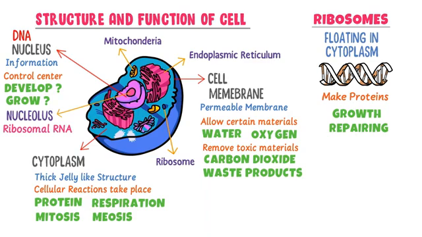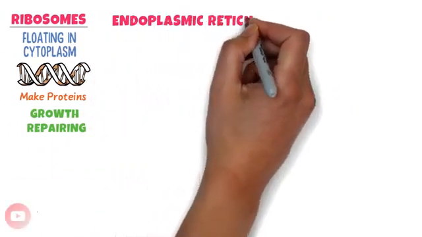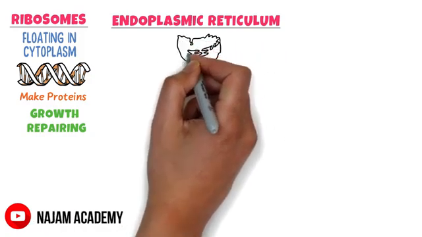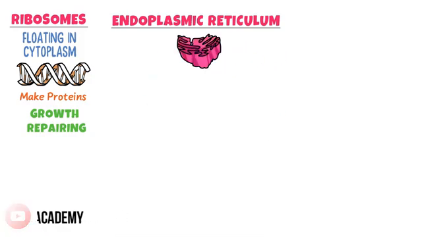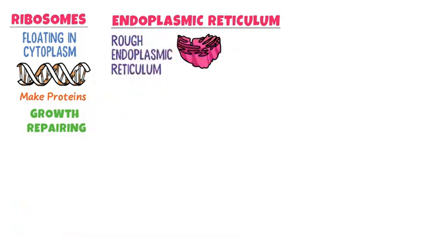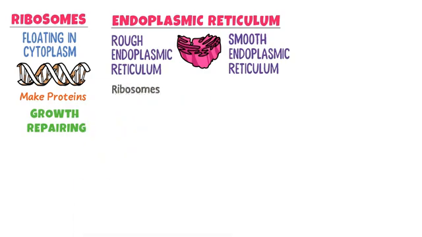To learn about the ribosomes and protein formation, we must understand endoplasmic reticulum. Endoplasmic reticulum are of two types, rough endoplasmic reticulum and smooth endoplasmic reticulum. The main difference between them is that rough endoplasmic reticulum contains ribosomes and smooth endoplasmic reticulum does not contain any ribosomes.